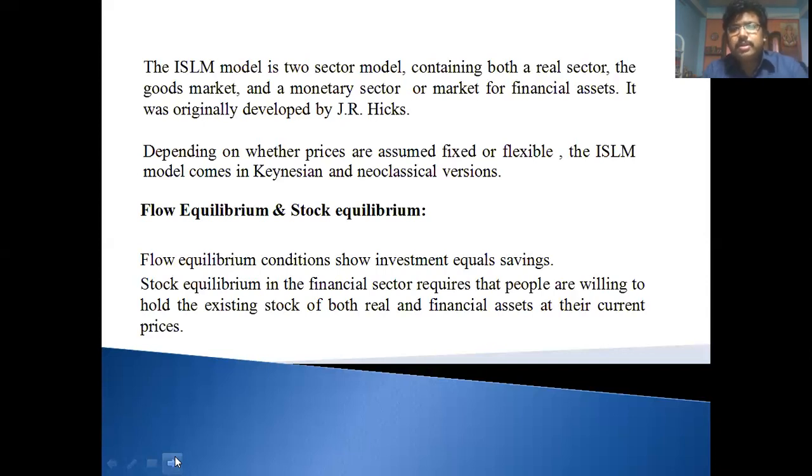So both flow equilibrium and stock equilibrium are needed.